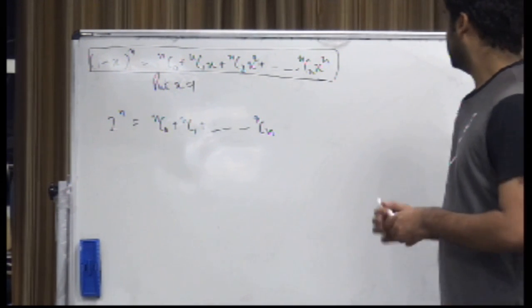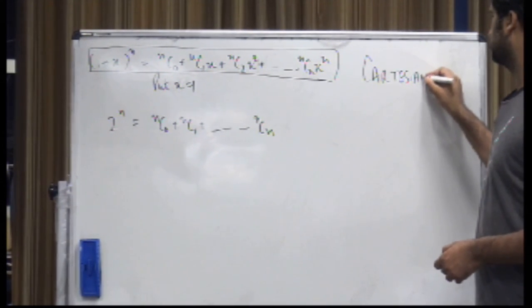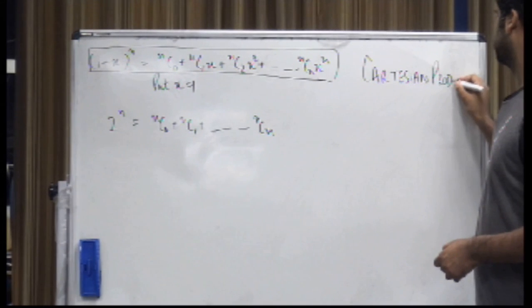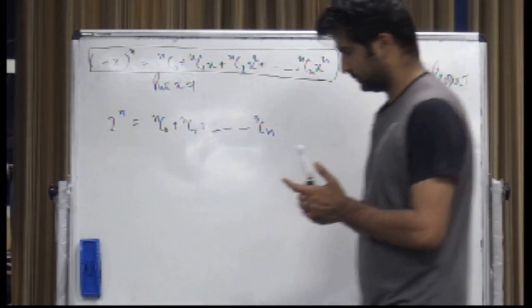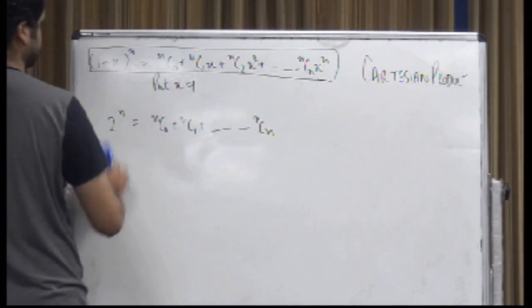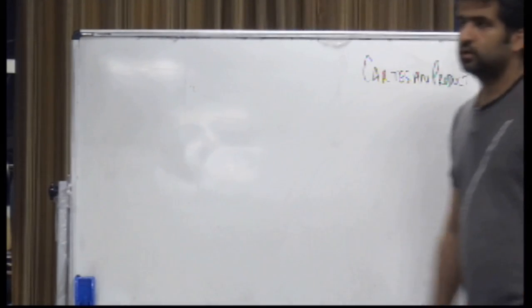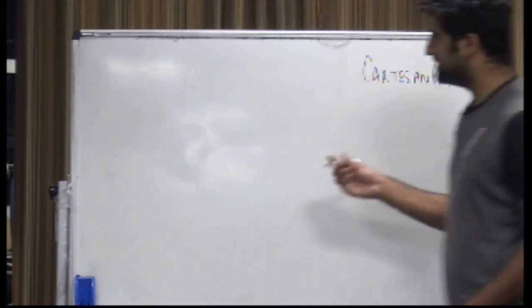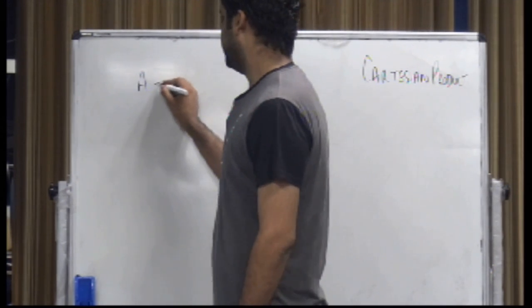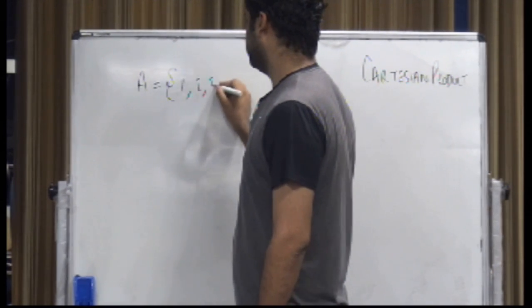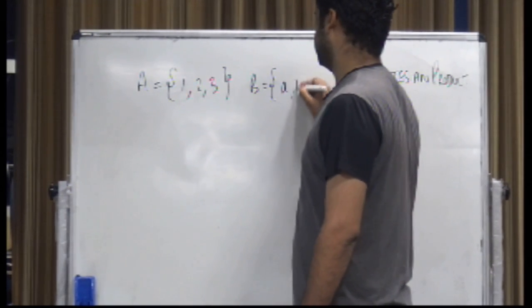So the next thing is the Cartesian product. The meaning of Cartesian product is, let's suppose we have two sets: A is 1, 2, 3, and B is a, b.